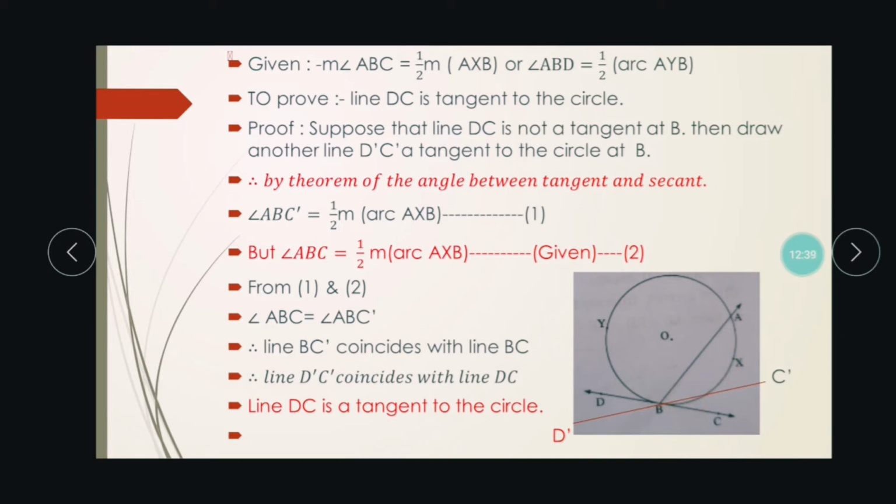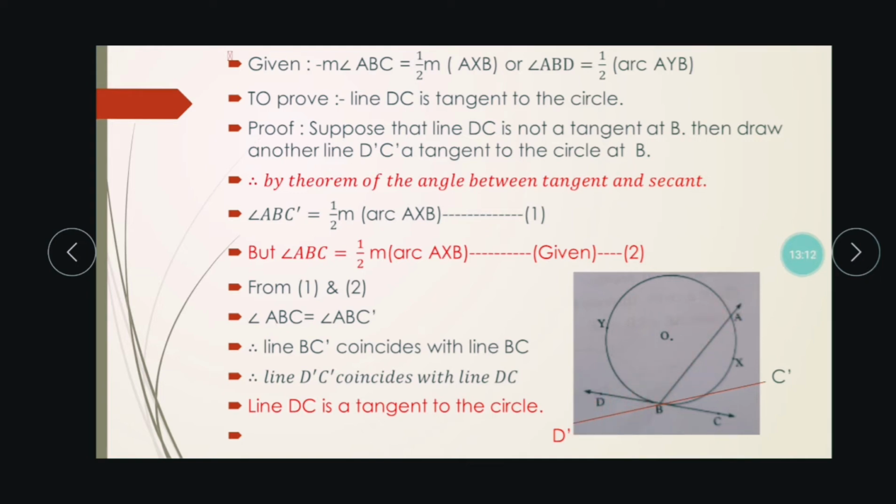Now see equation number 1 and equation number 2. Equation number 1 is by the theorem of angle between the tangent and secant. The second is given to us. From 1 and 2, what do we observe? Right hand side is equal, so left hand side will ultimately be equal. So angle ABC is equal to angle ABC dash. Similarly, we can come to the conclusion that angle ABD is equal to measure angle ABD dash.